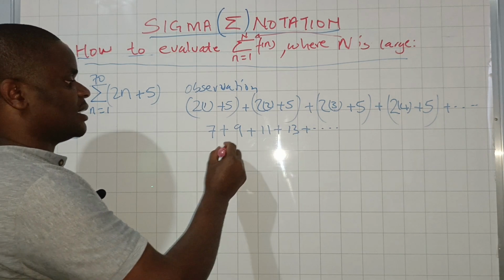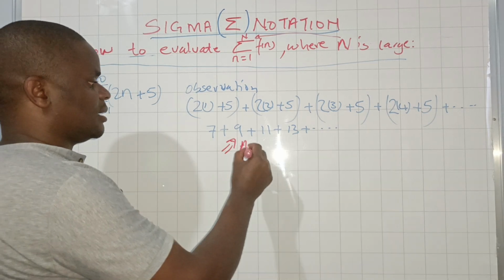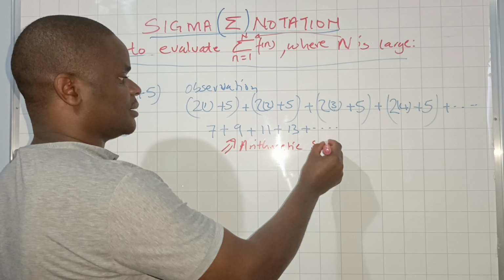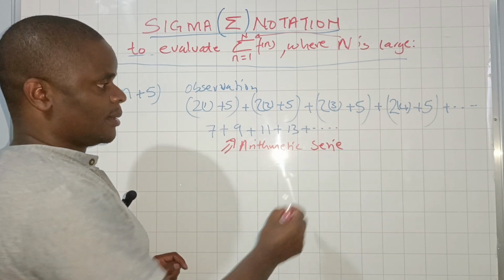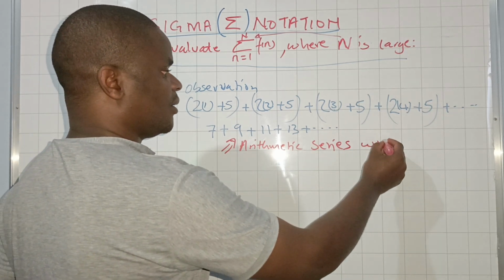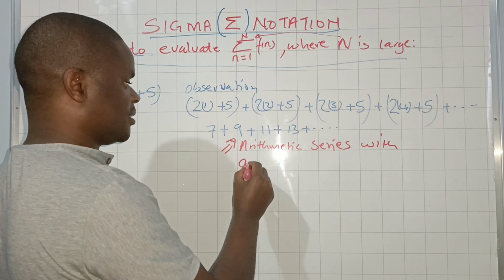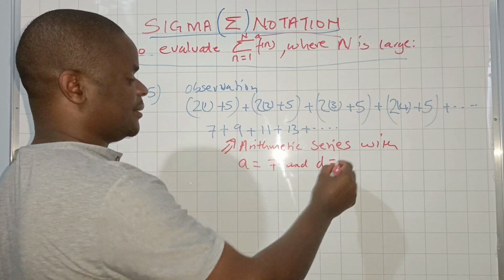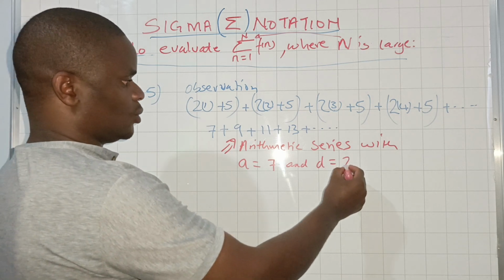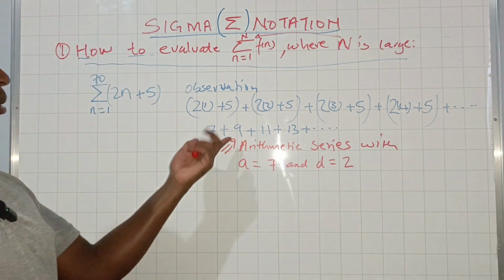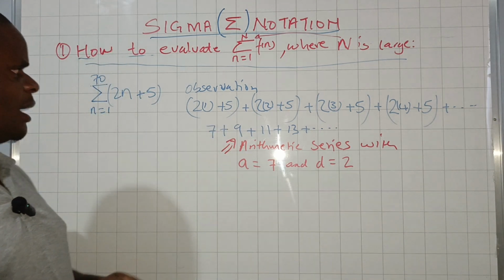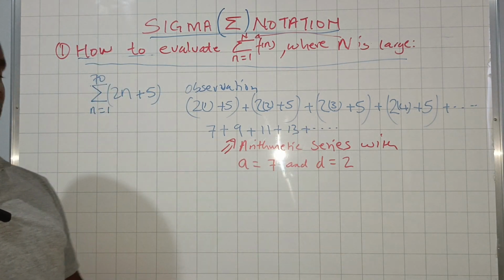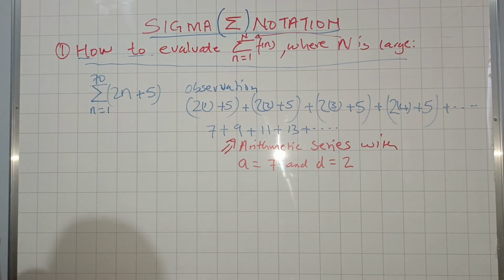And therefore, this is an arithmetic series with a equals 7 and d equals 2, because the common difference is 2. And therefore now we are able to work this out using this observation, using this idea.